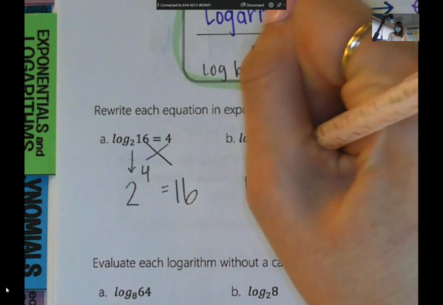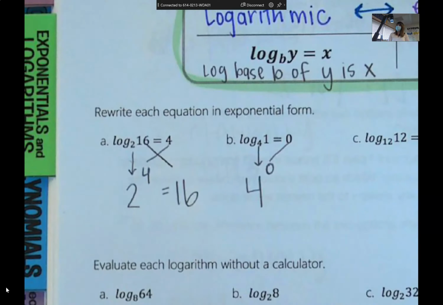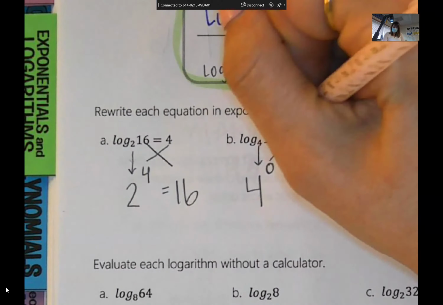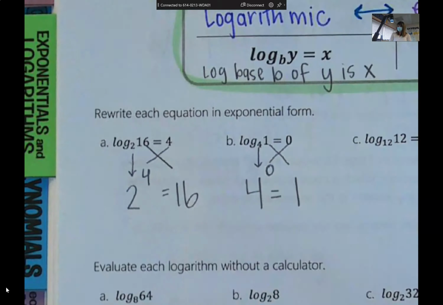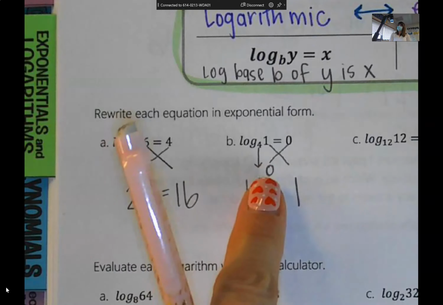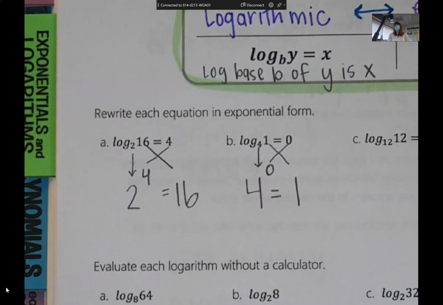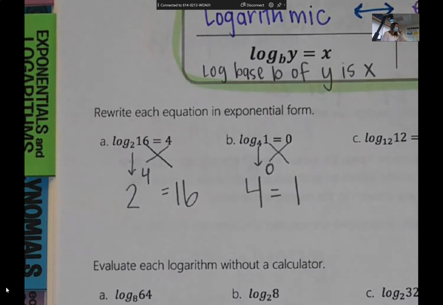This 0 becomes the power, and this 1 becomes the answer. 4 to the power of 0 is 1. So how many times do I multiply 4 by itself to get 1? 0 times.